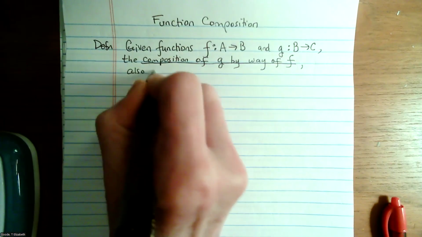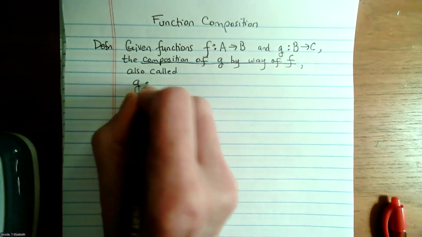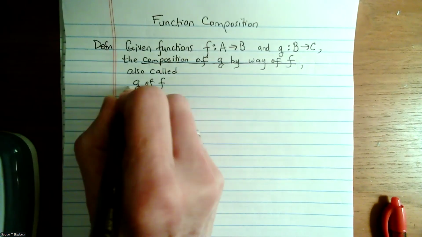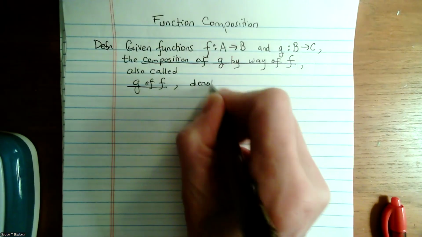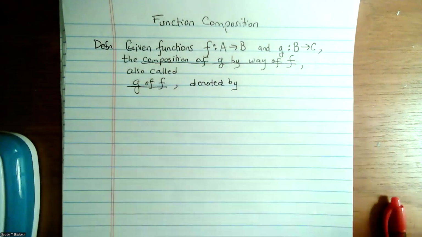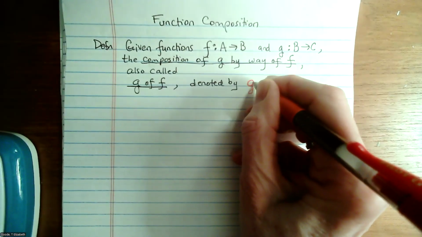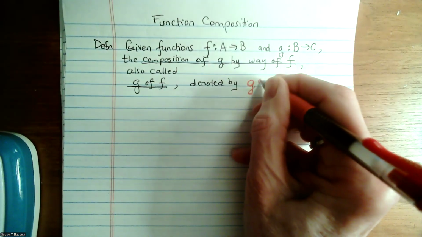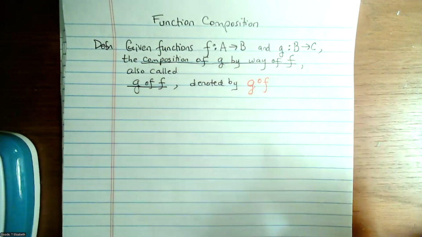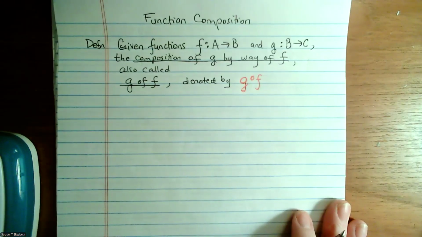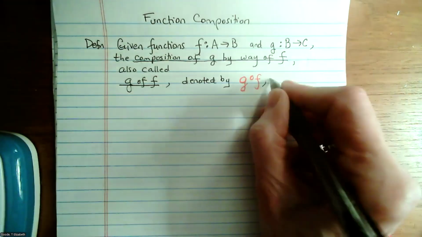Also called G of F, denoted by, and here's the notation, it's G with an open hole operator, F, okay, is defined as follows.